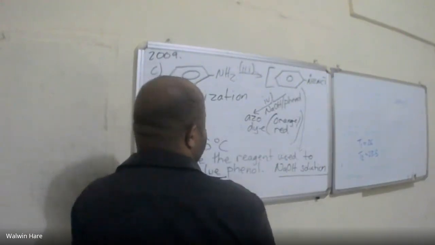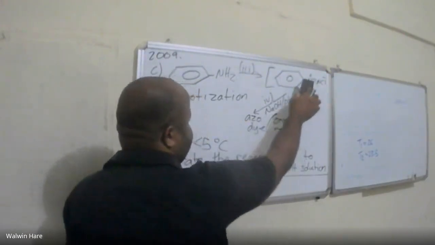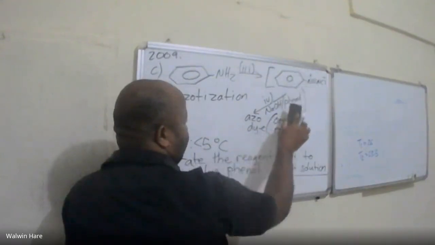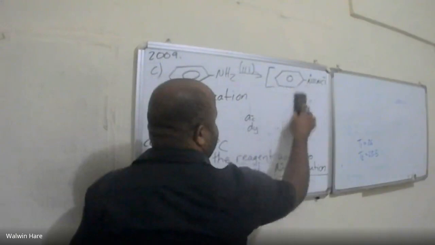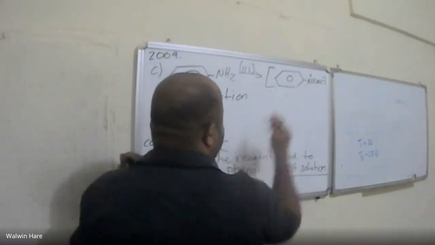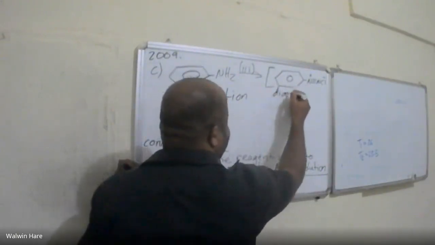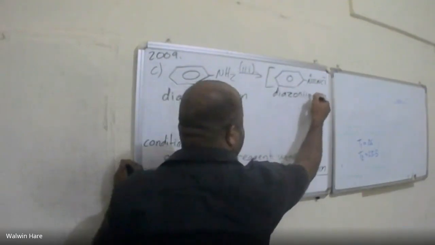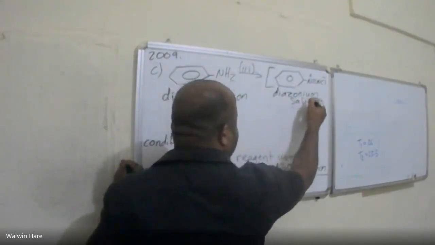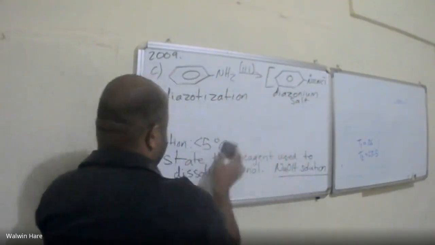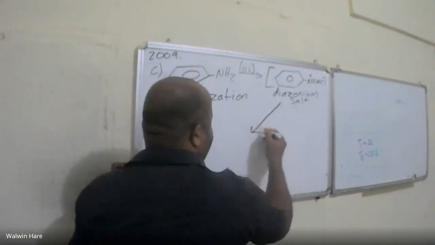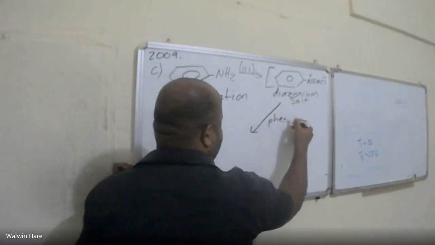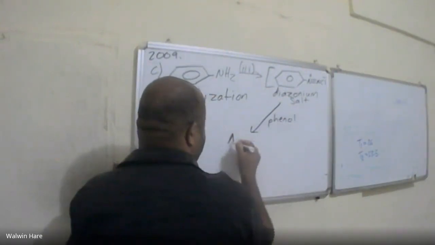And then for this, the diazonium salt with phenol to form the other compound, it's called coupling. So this is your diazonium salt. You react it with phenol to give you your azodye.